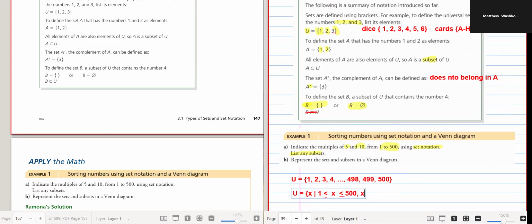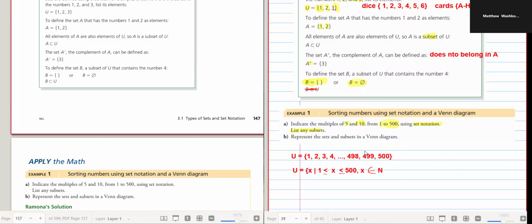So comma, this is saying that X is a part of natural numbers. We use a little E there. So X is a member of N. Oh, sorry, I got to close my set too.